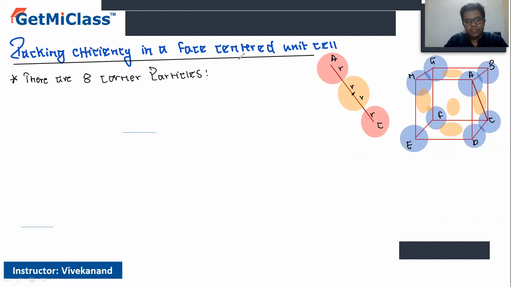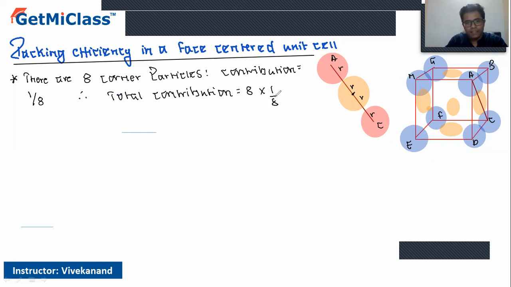So the 8 corner particles' contribution is going to be 1/8 part each, right? Therefore, the total contribution from the corner particles is going to be equal to 8 into 1/8. That is going to be 1.